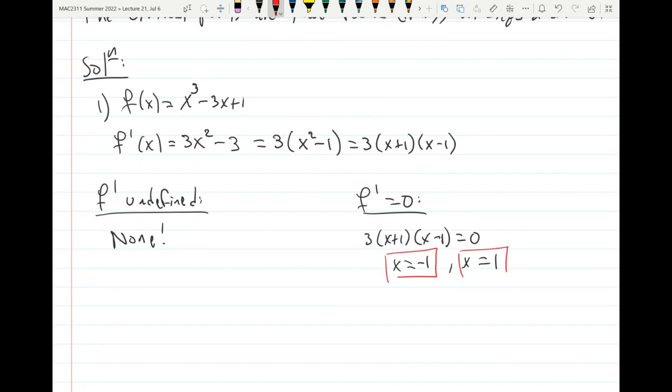The critical points are x equals -1 and x equals 1. By the theorem, if this function has any relative extrema, they will be at these points, not at any others. Maybe one of them is not a relative extremum, but if there is any, it happens here. So it gives you candidates. Questions?